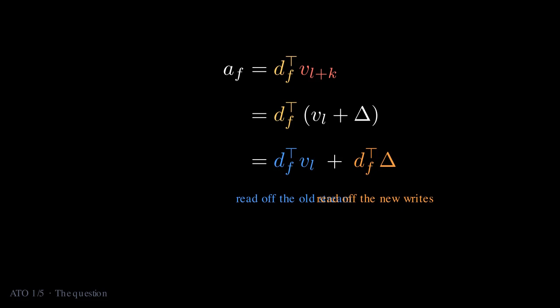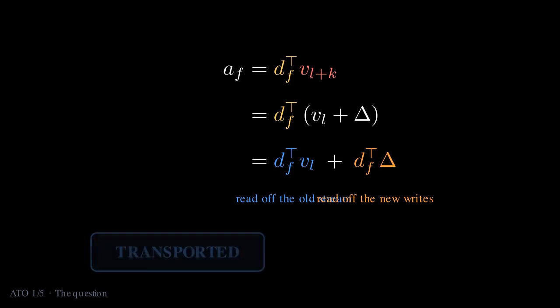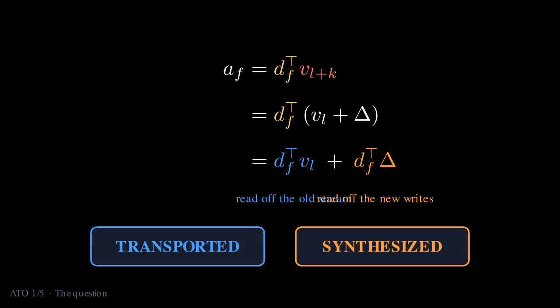So the feature's reading splits into 2 pieces, the part read off the old stream and the part read off delta. If the reading is essentially predictable from the layer 6 stream in a linear way, we'll say the feature was transported. If it's created inside delta by the nonlinear machinery, it was synthesized. That distinction, transported versus synthesized, is the entire paper.